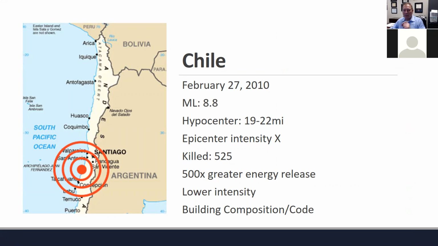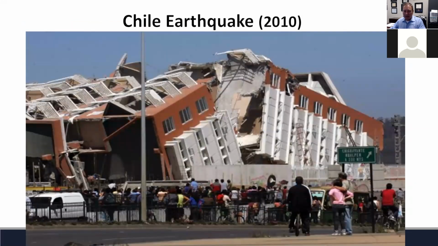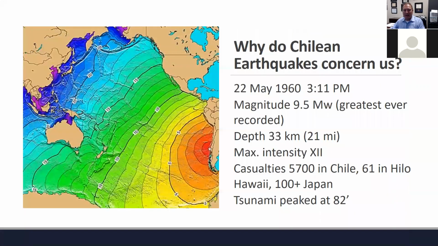And so what it did was it allowed a lot of the energy to be absorbed without it translating into substantial damage. Now, there was still a lot of damage, and there were hundreds of people who lost their lives, but not thousands, tens of thousands, and hundreds of thousands. And the Chilean earthquake should concern us simply because of another earthquake in Chile in 1960 left more than 100 people dead from a tsunami in Hawaii.